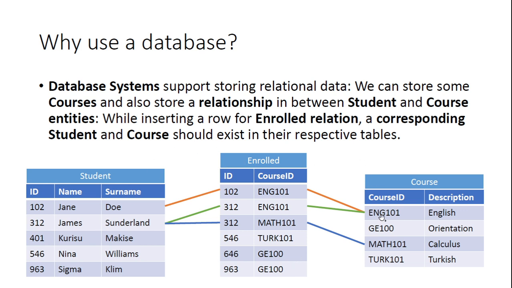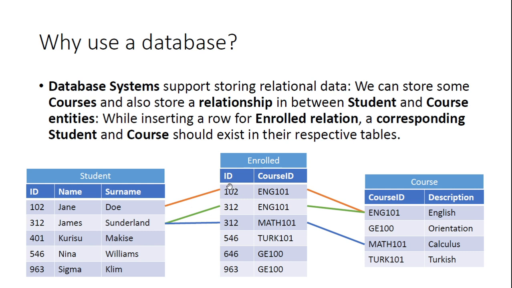And with a database system, we can ensure that while we are trying to insert some data into this relationship, for example, for the enrolled table, we need to store the ID of the student and the course ID of the course. So from the student side, I need the ID. And while I'm trying to insert new data for this enrolled table, it is going to make sure that this ID belongs to an existing student.